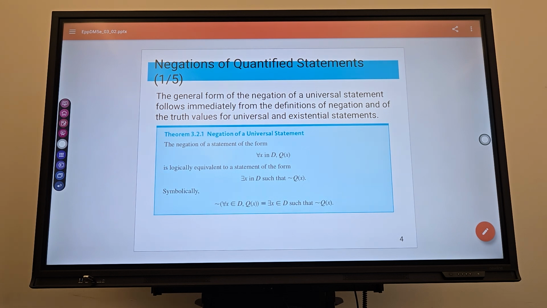Symbolically, the negation of a universal quantifier is an existential quantifier such that the negation of the predicate is true.